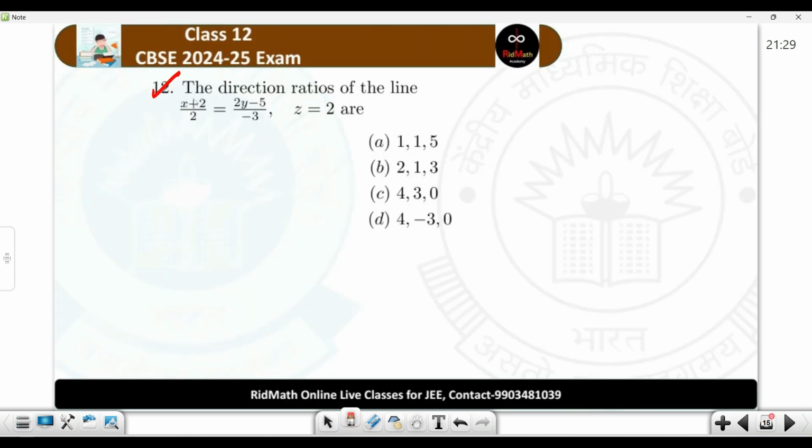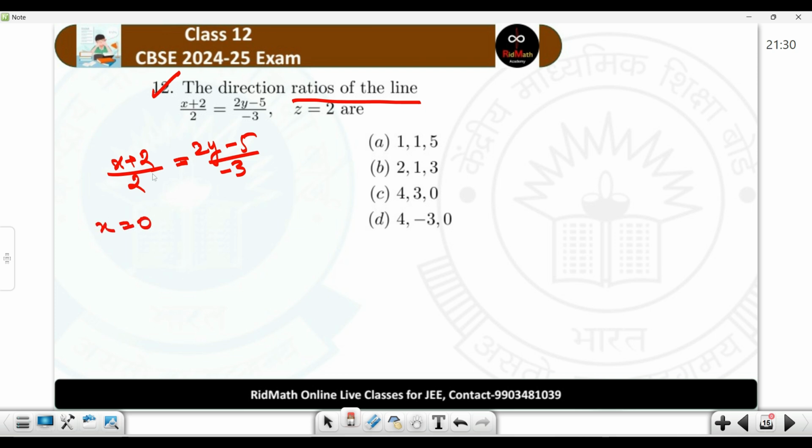Question number 12. The direction ratios of the line are this. So let us take 2 points on this line. X plus 2 by 2 is equal to 2y minus 5 by minus 3. So let us take x equal to 0.